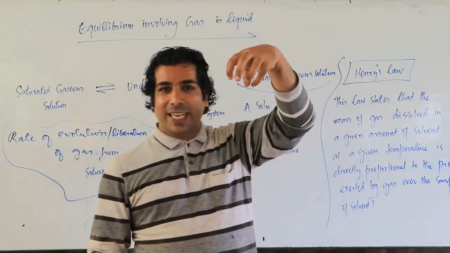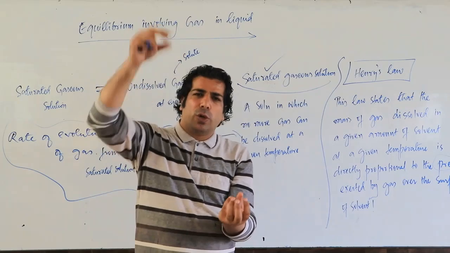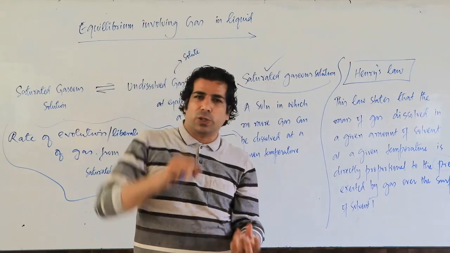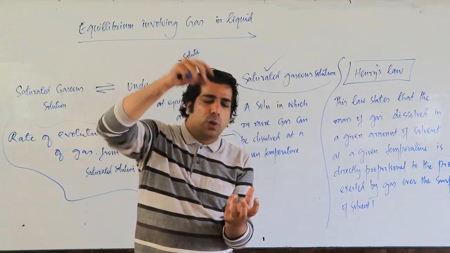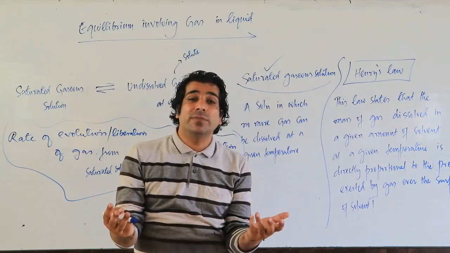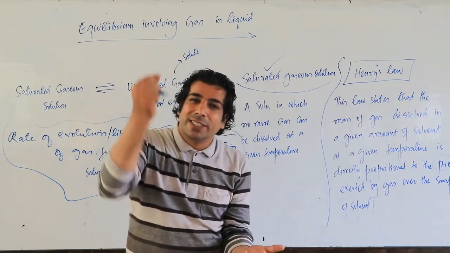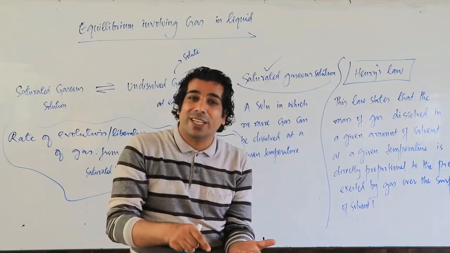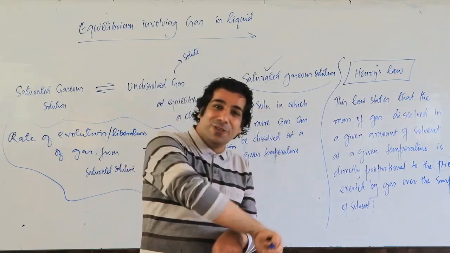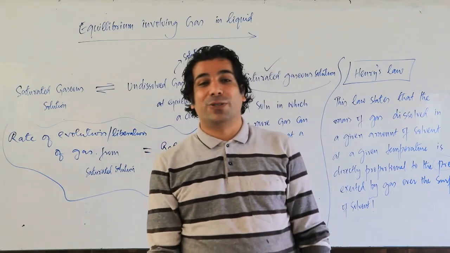Correct? Let us put more and more carbon dioxide into those bottles and make the solution saturated. Okay? Then I want to dissolve a little more carbon dioxide into them. Yes, it's possible only when the rate of dissolution becomes equal to the rate of evolution. My dear friends, I hope you have understood this.